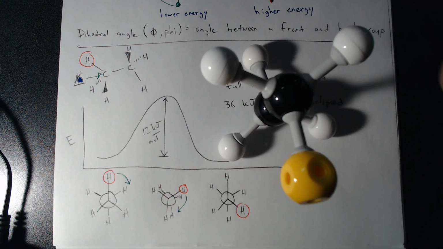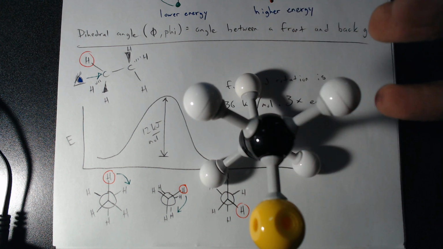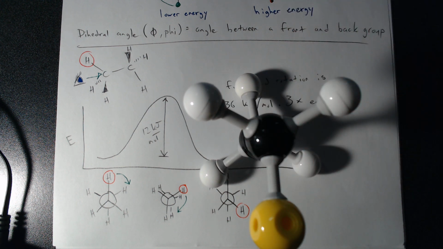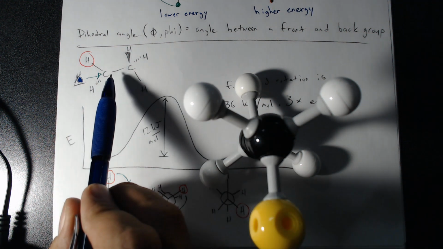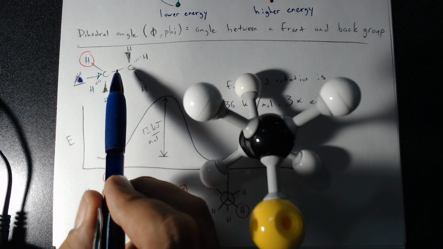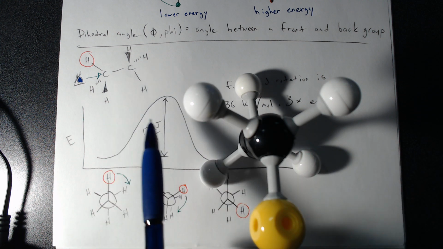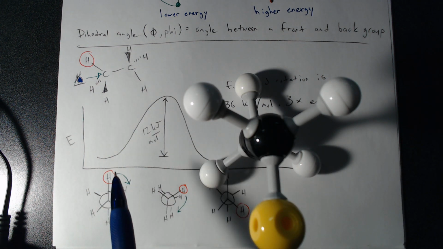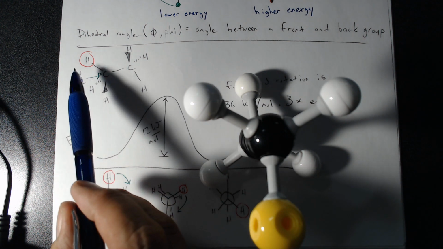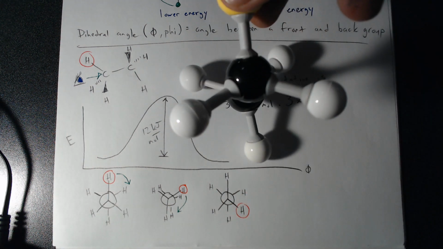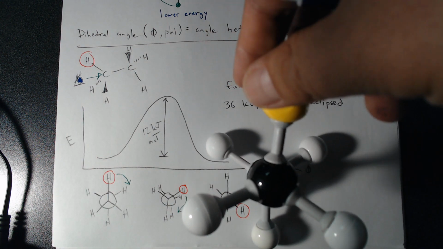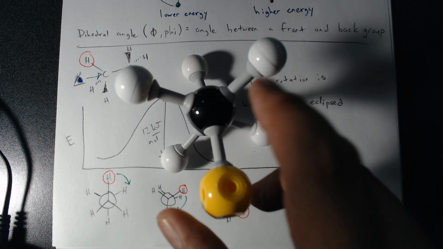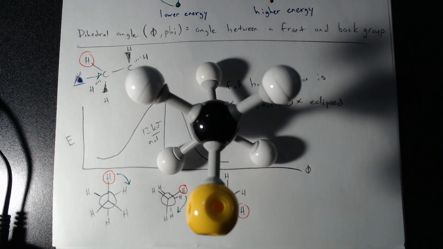It's just the view that you're looking at it from. What I want you to do is make sure your drawing matches the drawing that you did. So in this case, I drew this carbon going up, so I should start with this up. If they had it down, then I would have had it down. I think in the notes from Tuesday, I actually had it downward. So it doesn't really matter.